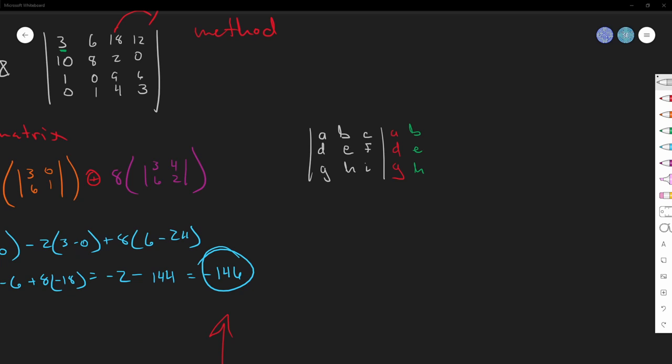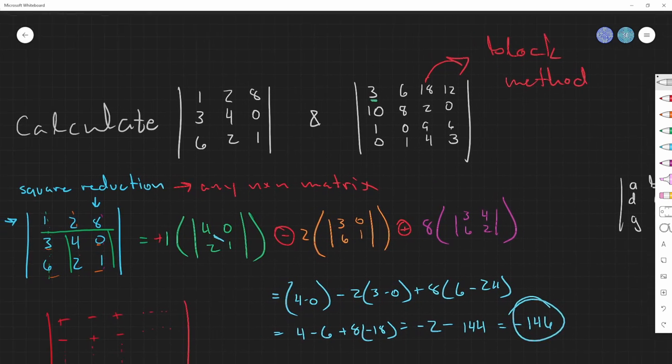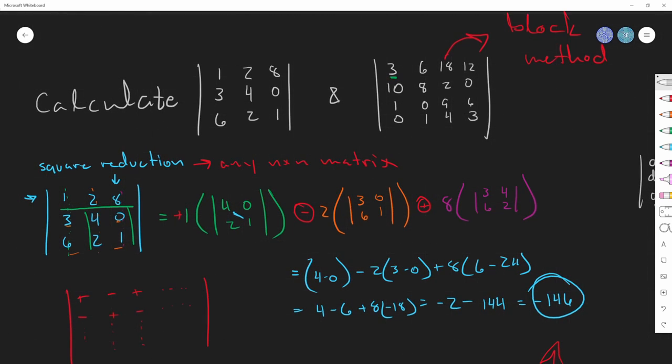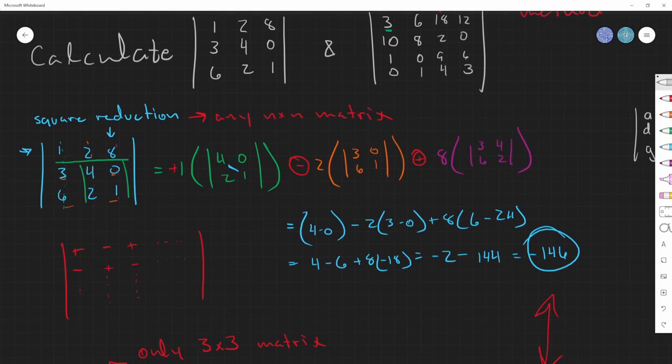Before we discuss the block case for the last example of determinants, I did mention in the last video that there was another way we can do the square reduction. In the previous example, we did it with just the first row, and I mentioned that we're going to do another one using the third column.